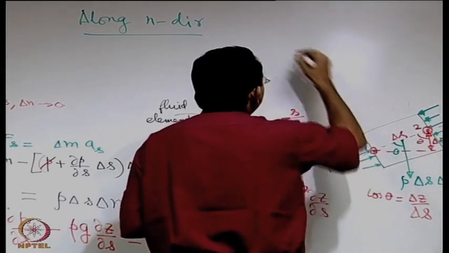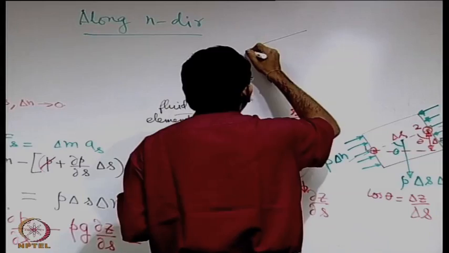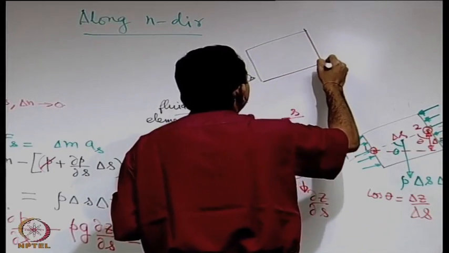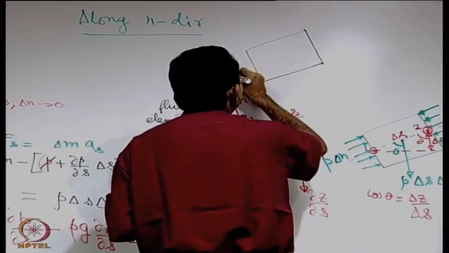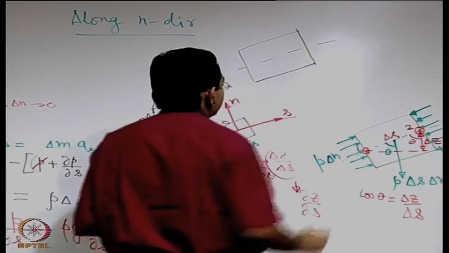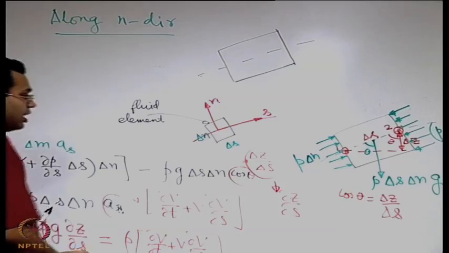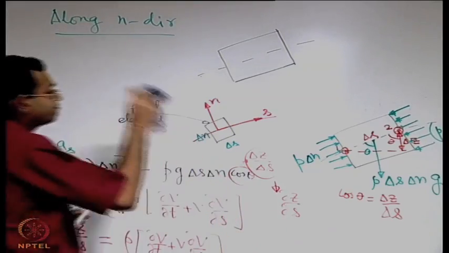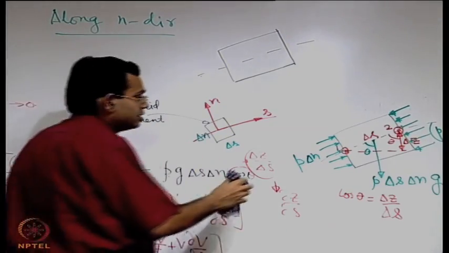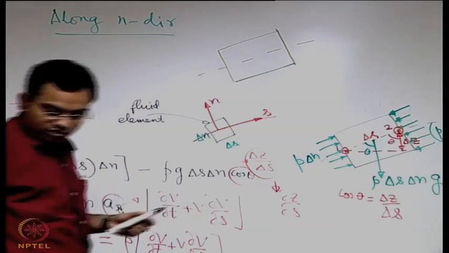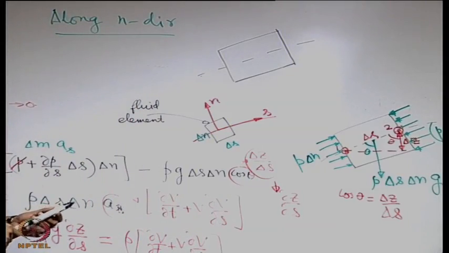So the same element, let us draw it maybe again, and we are interested now to capture what happens along the n direction. So we will now write all the force components with an understanding that we are interested for the forces along the n direction. So let us represent those forces in the n direction.